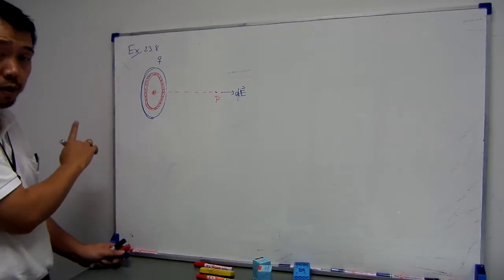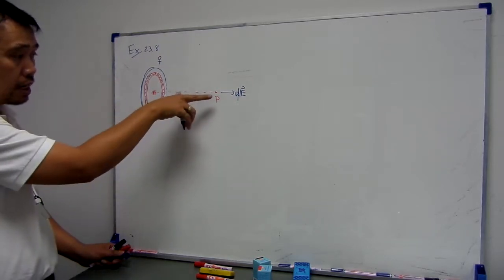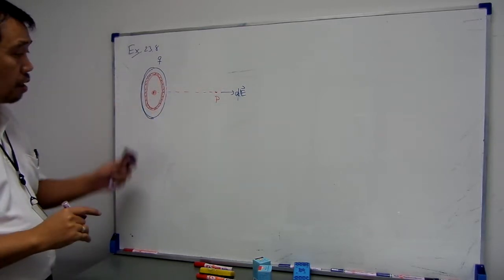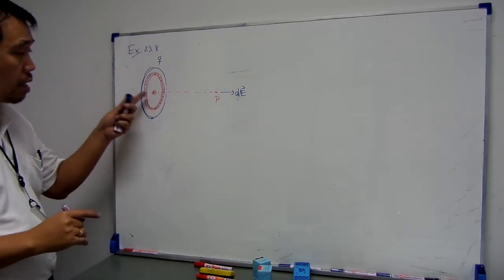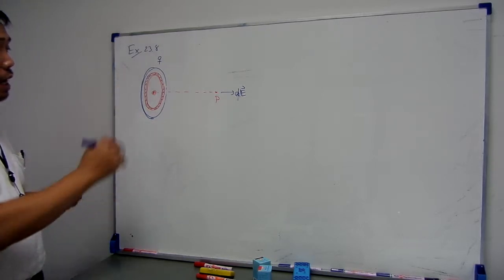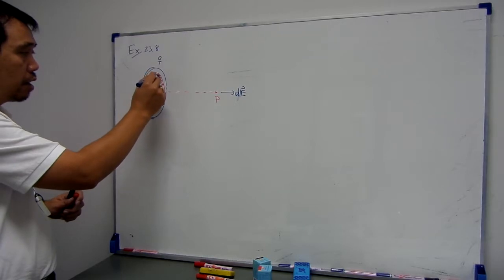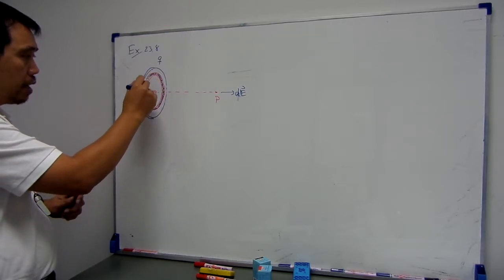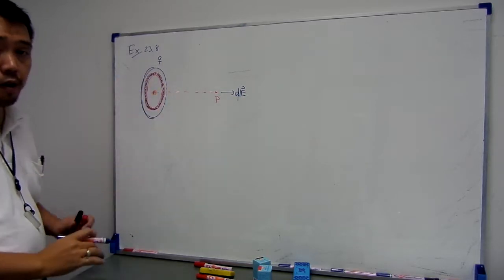And from the previous example, we know that the dE will point along the axis of the ring, which is also the axis of the disk. So we can calculate the electric field from this ring, and then we sum up for all rings.